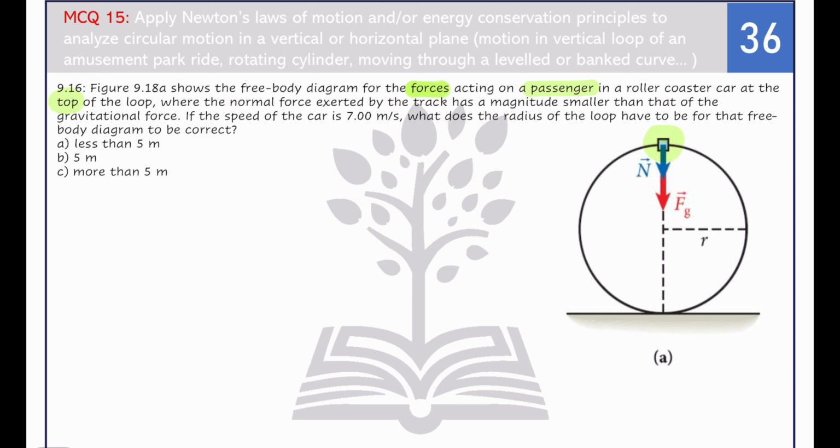Top position. The normal force exerted by the track has a magnitude smaller than that of the gravitational force. What does it mean? The normal force is less than the gravitational force Fg, or can I say normal is less than mg?